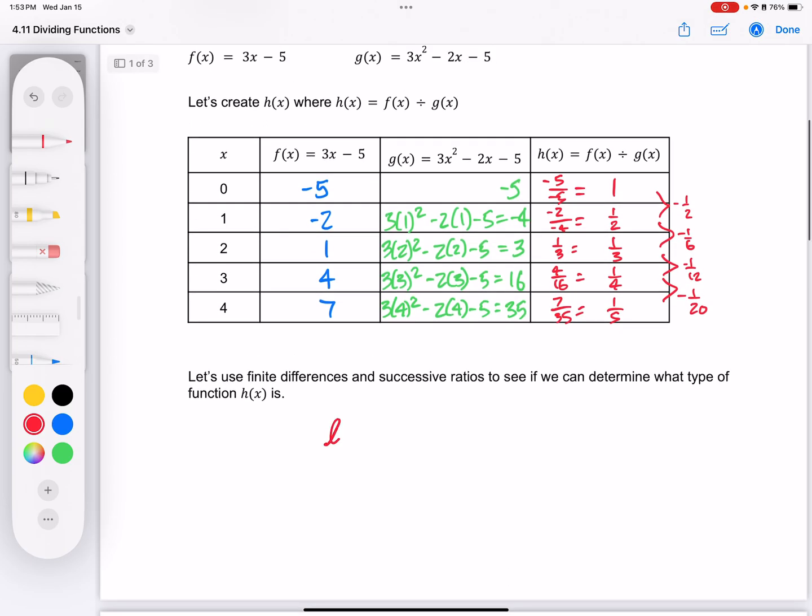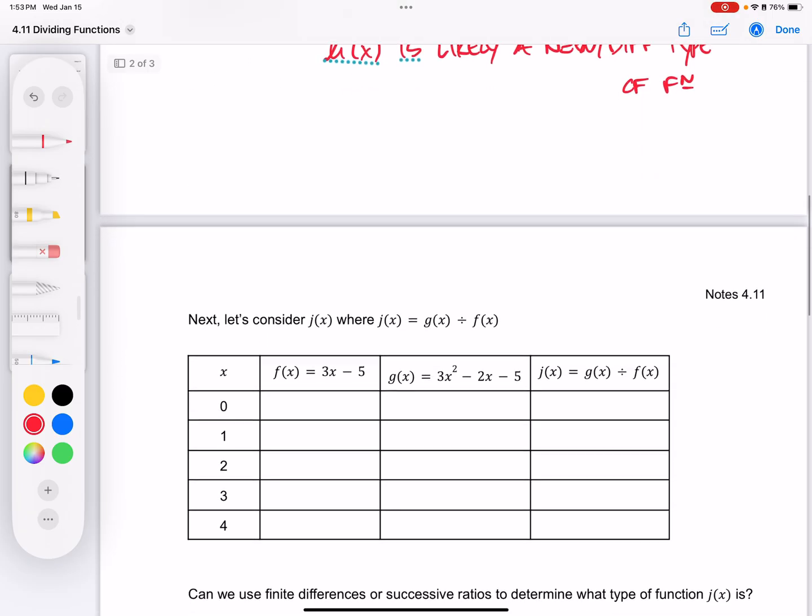So h of x is likely, but not definitely, a new or different type of function. Okay, so aka IDK. But that's how we would divide those two functions, all right?